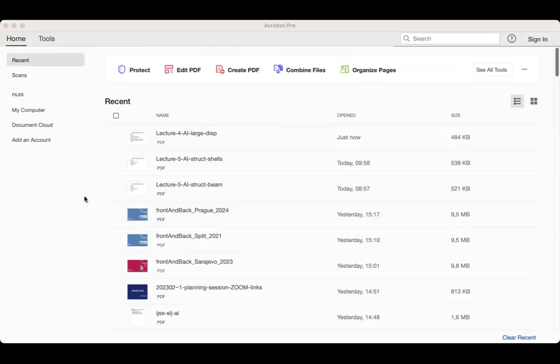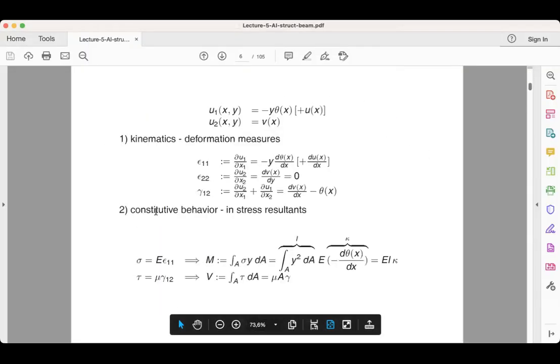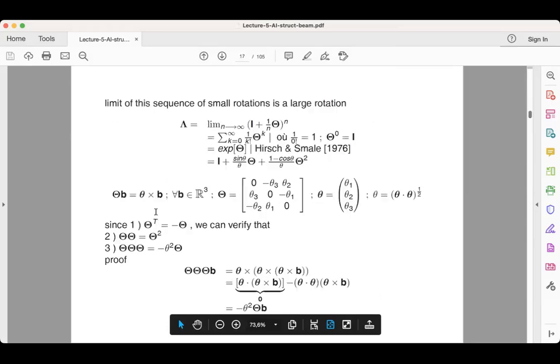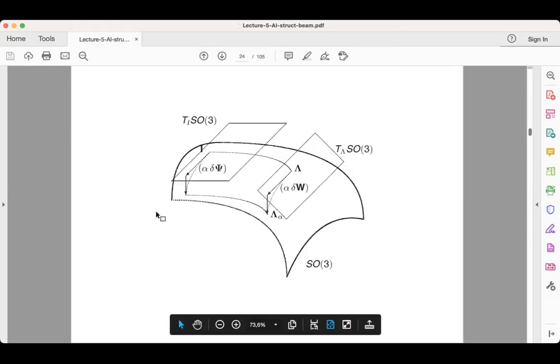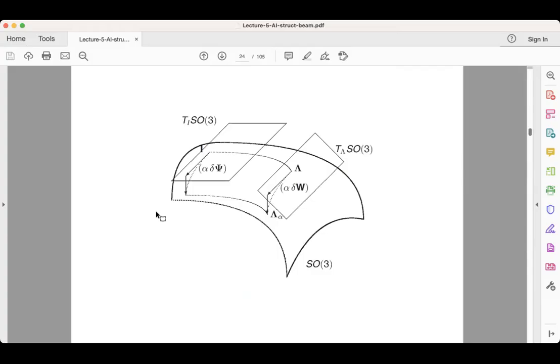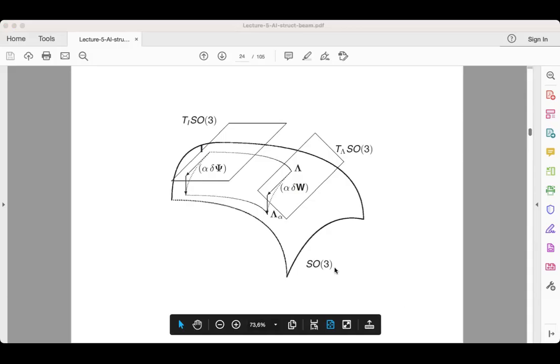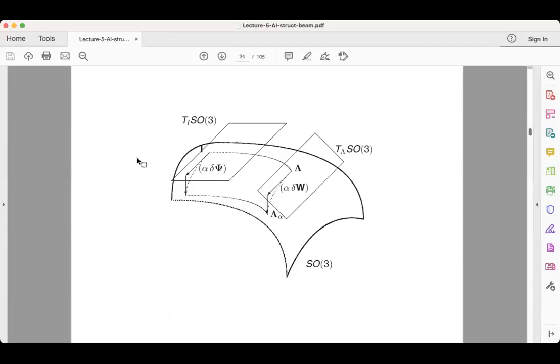Beam, okay. No. Just to get the right page. Maybe this could be a good illustration.